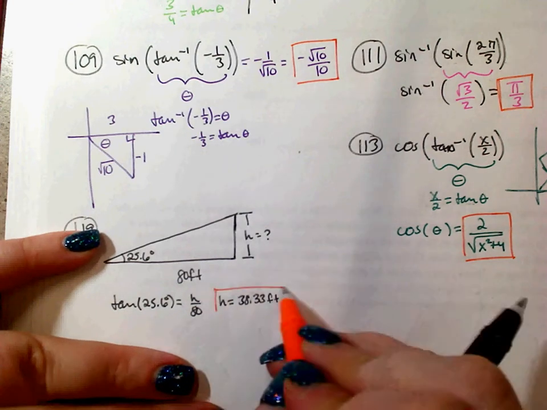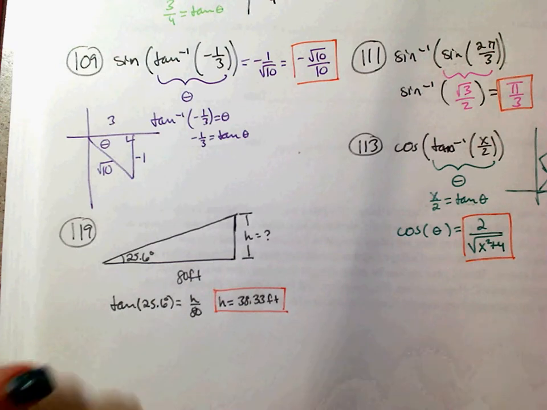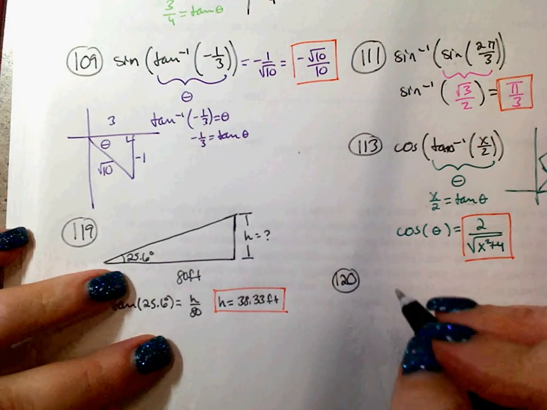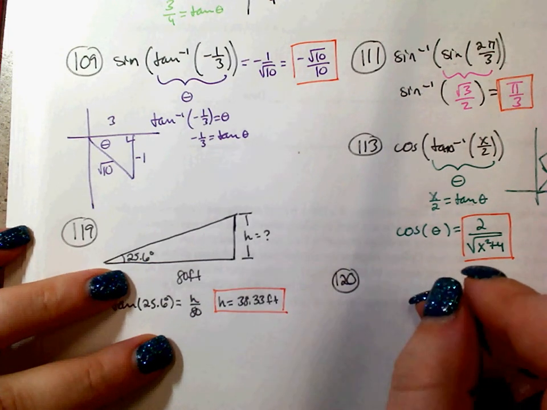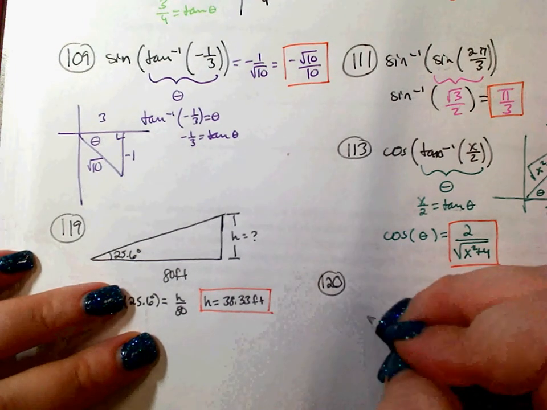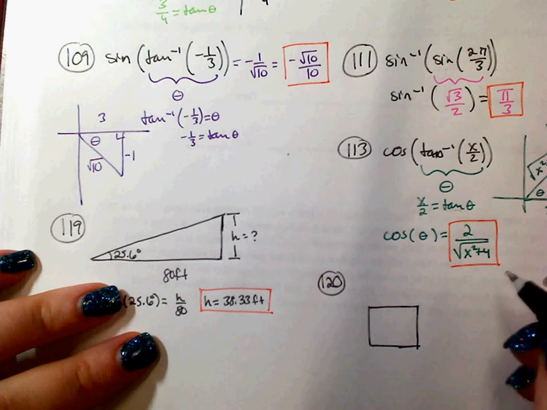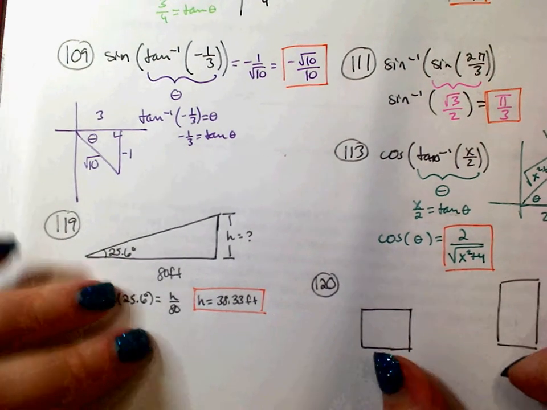Okay, 120. Two buildings with flat roofs are 60 yards apart. The height of the shorter building is 40. From its roof, the angle of elevation to the top of the taller building is 40 degrees. So I've got two buildings, weirdly shaped, but they are.